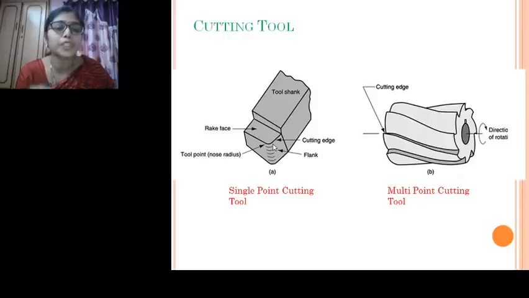The force acting during the process is distributed over this area. By providing this nose radius, we are increasing the area over which the forces fall, by which the life of the tool will be increased. Okay, so a multi-point cutting tool is a combination of a number of single point cutting edges.